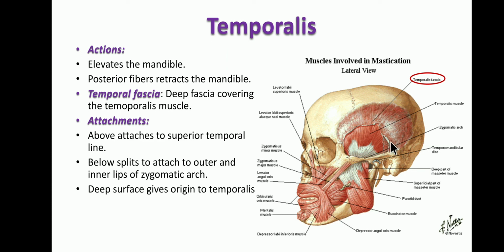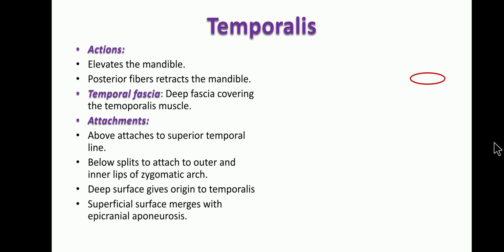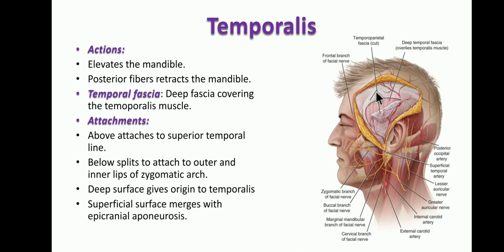The upper border, the superficial layer of the temporal fascia, merges with the epicranial aponeurosis, and after merging it also gives rise to the auricularis anterior, posterior and superior muscles. Three muscles are there which move the external ear or pinna, but these muscles have become vestigial in humans.